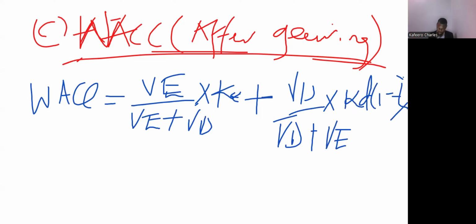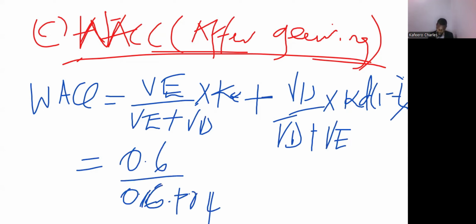So we put in our values. Remember, we know the compositions. This one we know it is 0.6 or 60% VE. 0.6 over 0.6 plus 0.4. Now here we are taking the cost of equity for a geared company because it is now after gearing. So it is going to be 16 point, let's take the rounded figure, which is 17%.